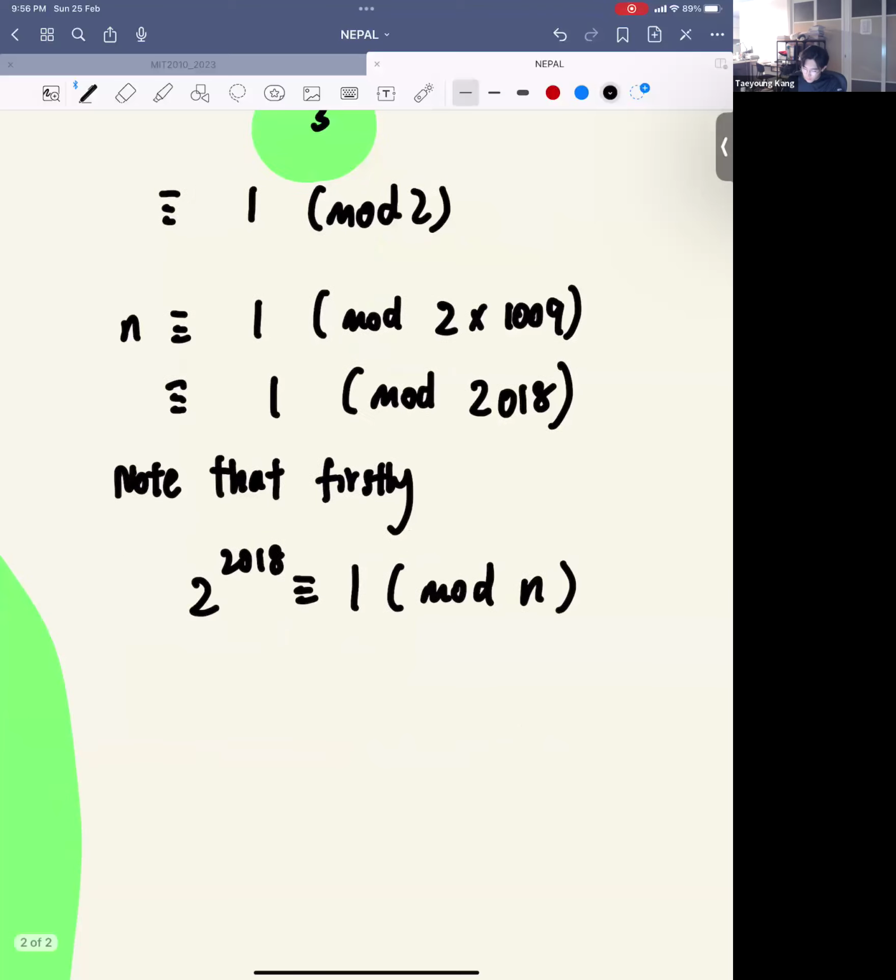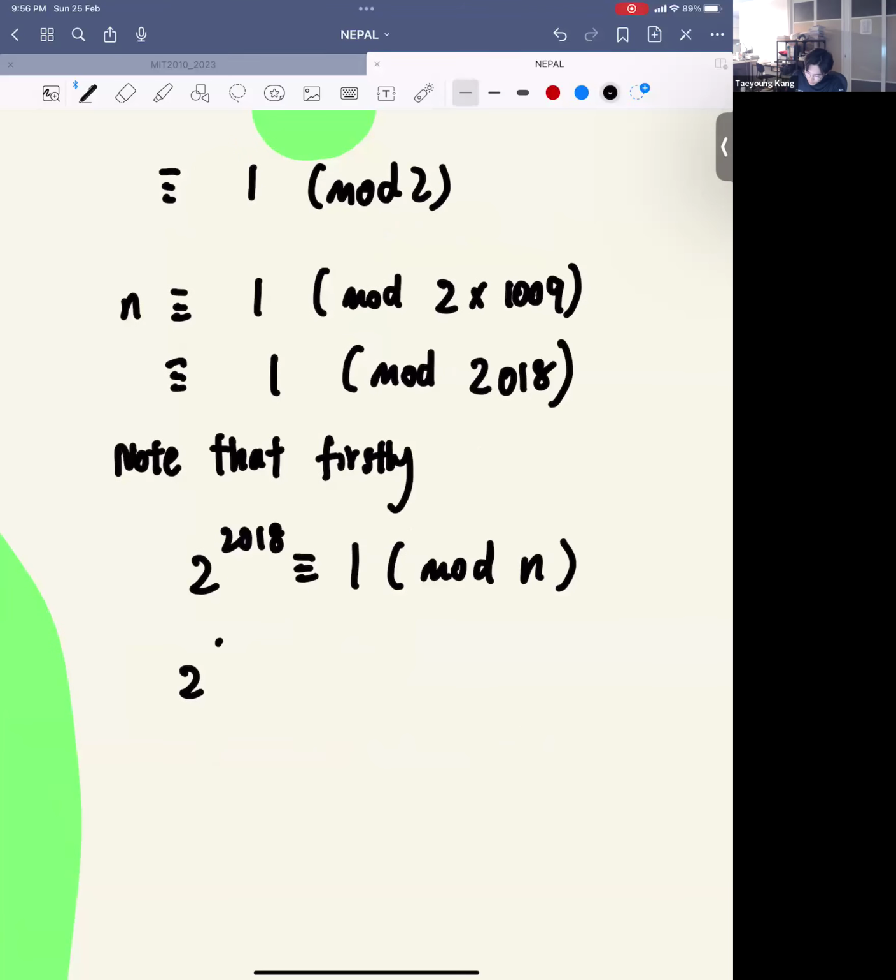It's because we have that (2 to the power of 2018 minus 1) divided by 3 is congruent to 0 mod n, right? Because that's the definition of n.